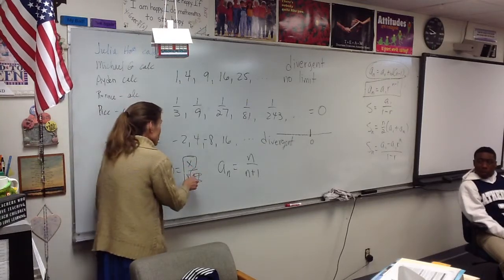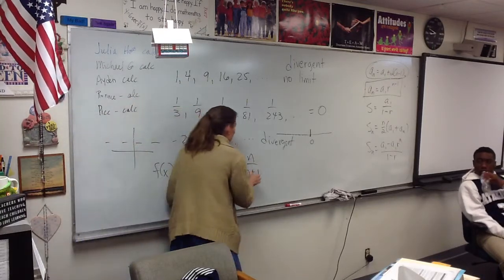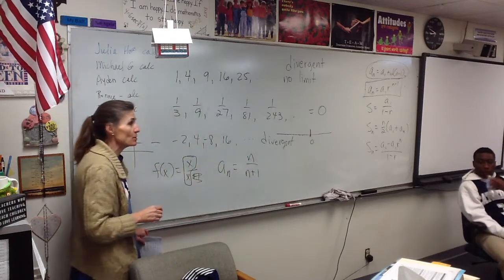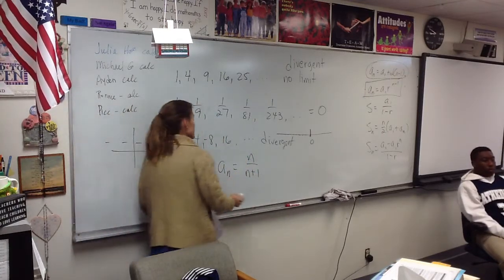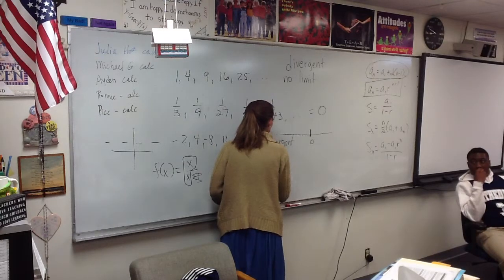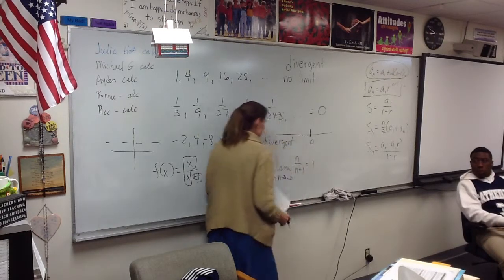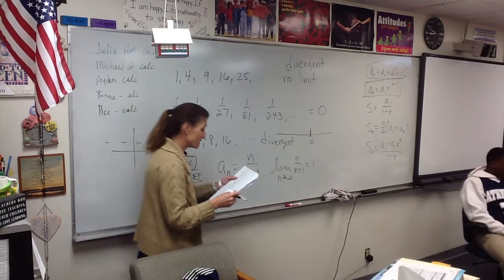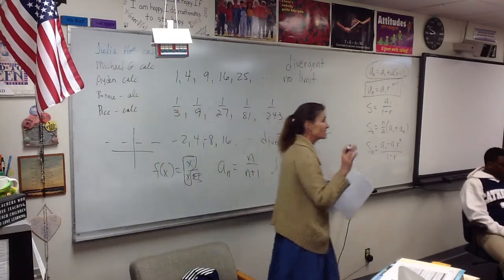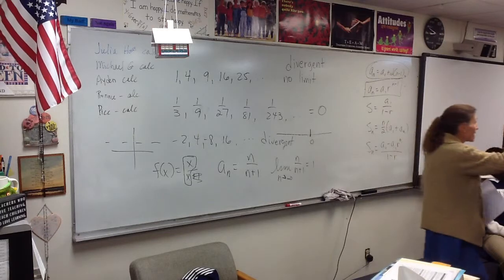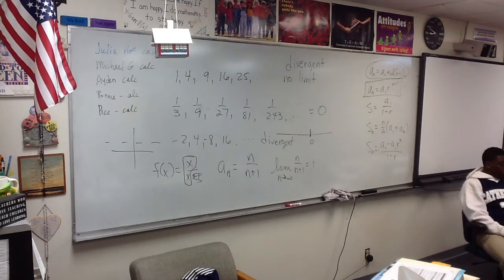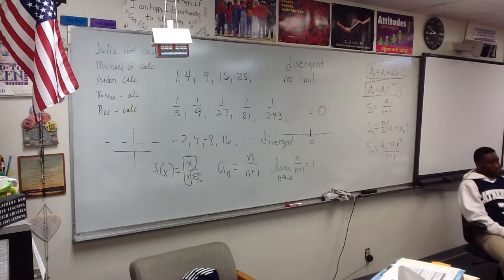What does x over x or n over n reduce to? 1. So the limit here would be 1. So the answer to letter D is 1, because we have n over n, and that reduces to 1.